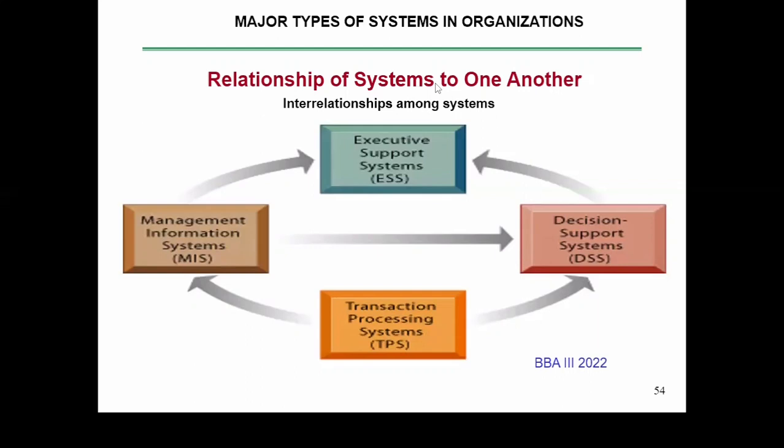The arrows speak to a direct pass from the TPS to the MIS to executive support. However, there's also some information that must be aggregated from TPS, MIS, then to DSS, and then to executive support systems. You will be able to find out as you read along, but thank you for the submissions, MM and Richard.